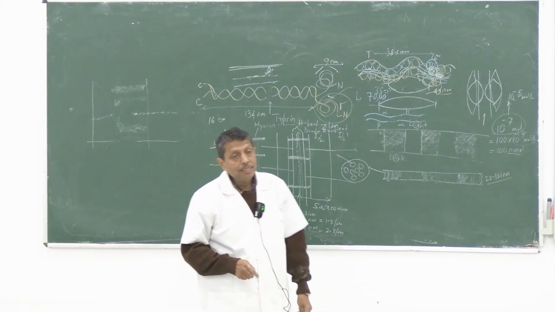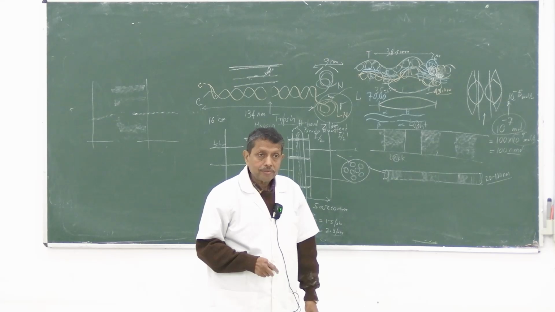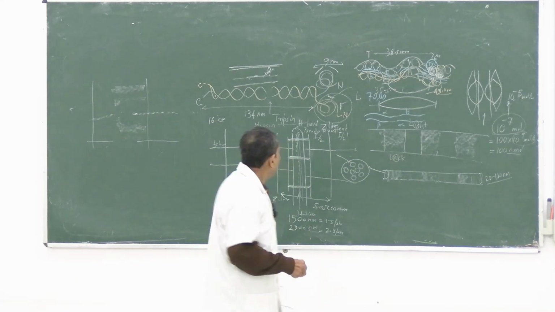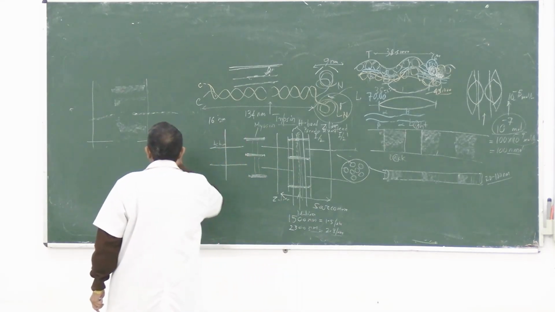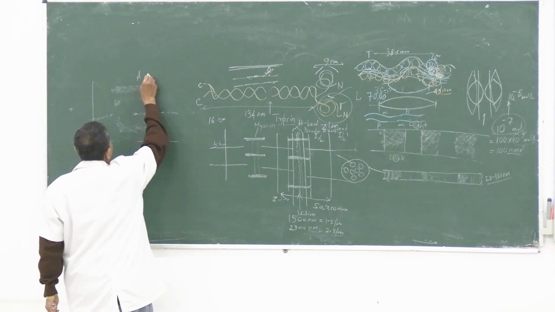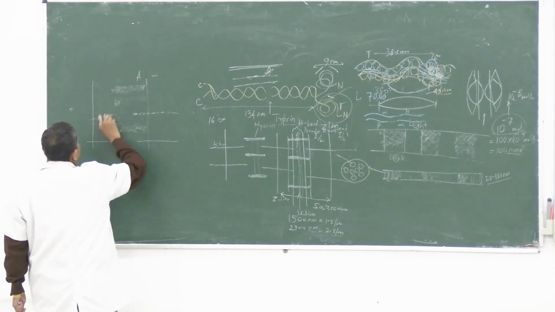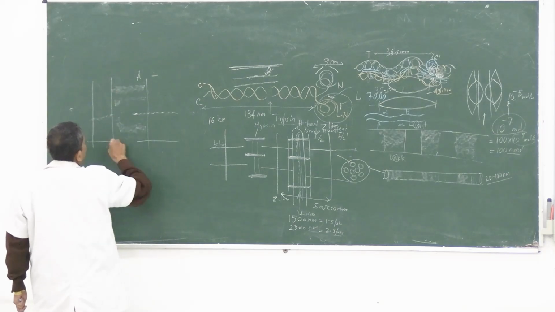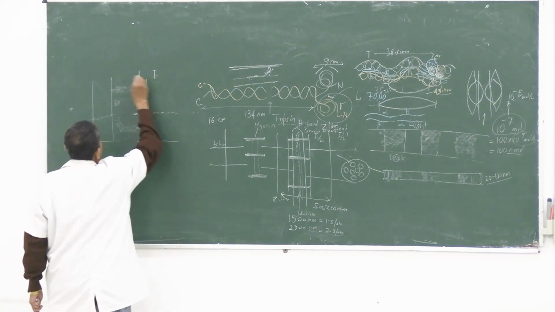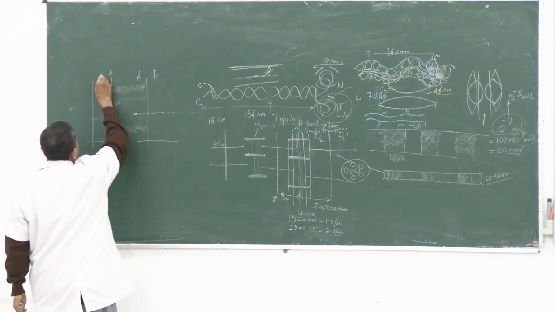And developmentally, they are geared in this way. Now, at the AI junction, it is the A, it is the I junction.